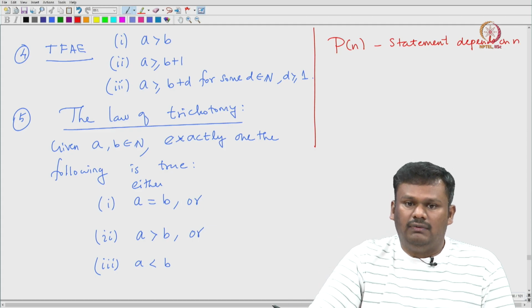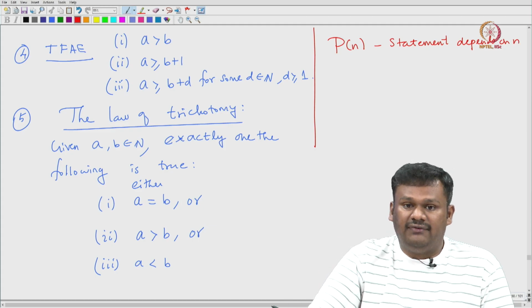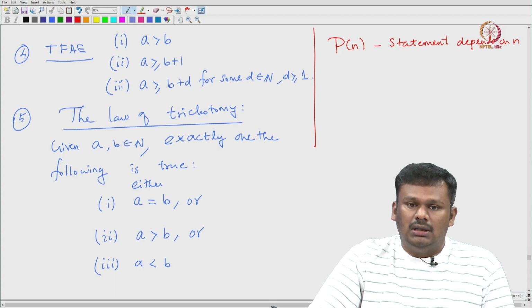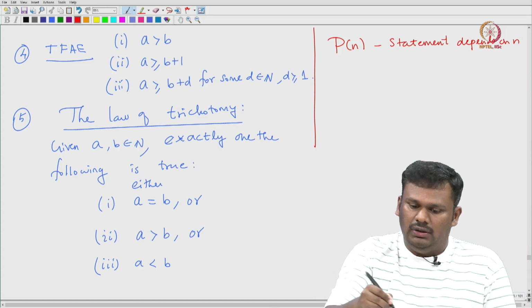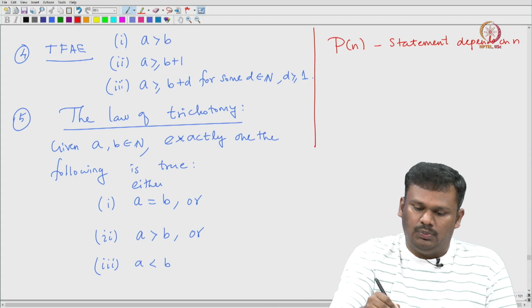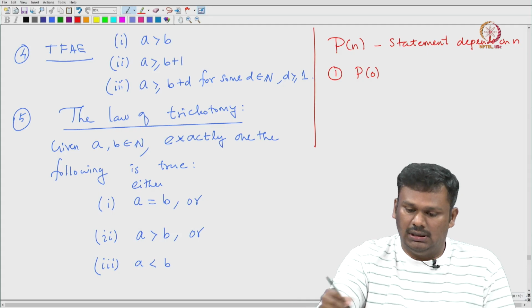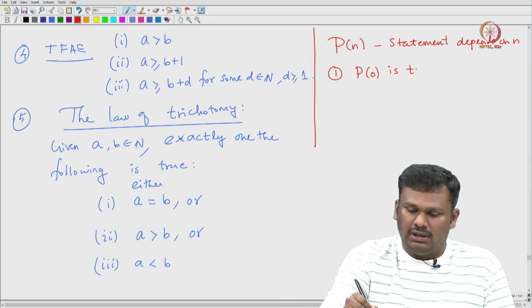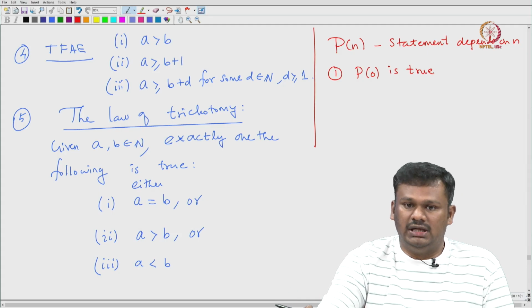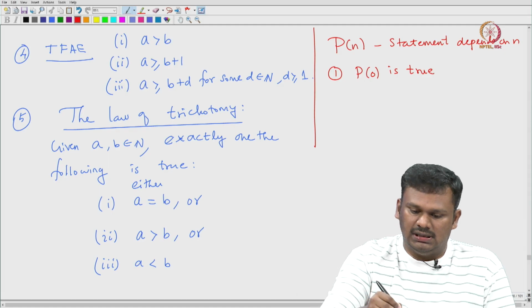Now we want to verify this mathematical statement. In practice, the procedure is that the first step is to check whether the initial condition holds or not. So, check first that P of 0 is true. This is step 1.